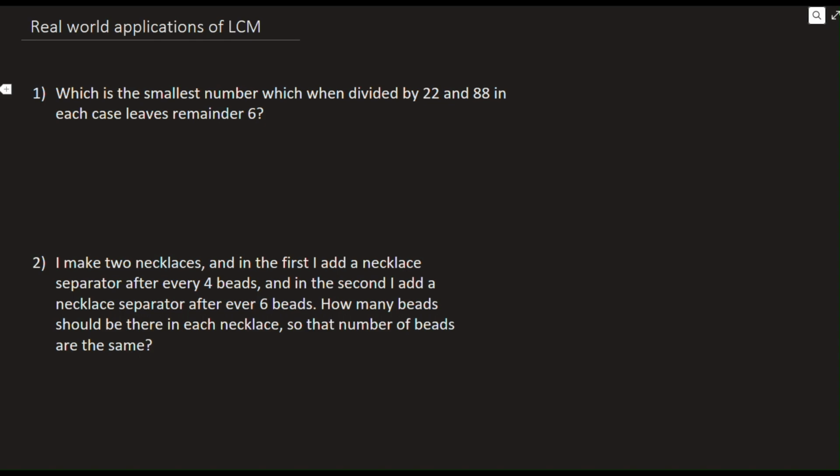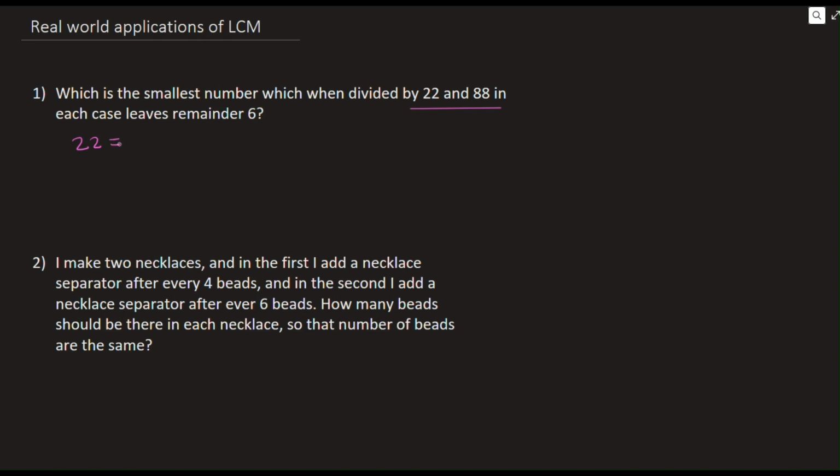Now you learn the other way around for application of LCM, which is the smallest number which when divided by 22 and 88, in each case leaves remainder 6. Since it is divided by 22 and 88, it's a multiple of 22 and 88, and it leaves remainder 6. Smallest number means lowest, so it is the lowest common multiple.